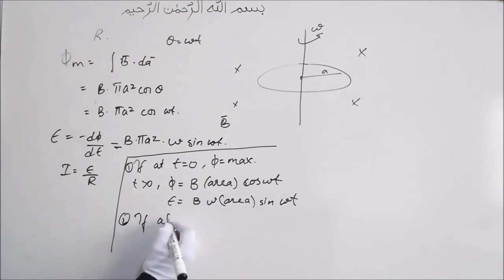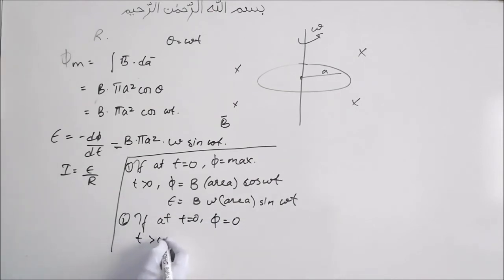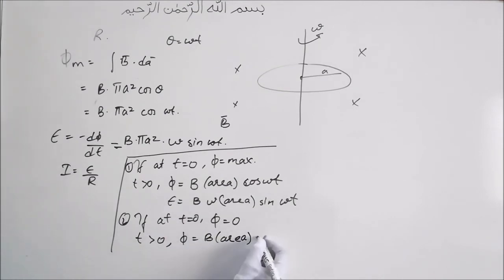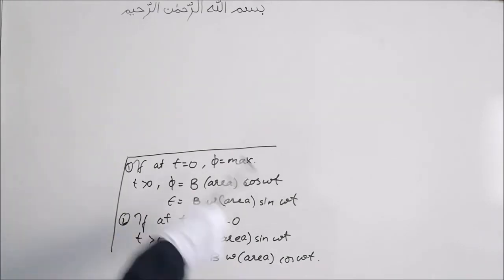If at t equals 0 the flux is 0, then at t greater than 0, the flux will be magnetic field B into area, instead of cos we will have sin omega t, and E will be equal to B omega area cos omega t. So you have to remember this.